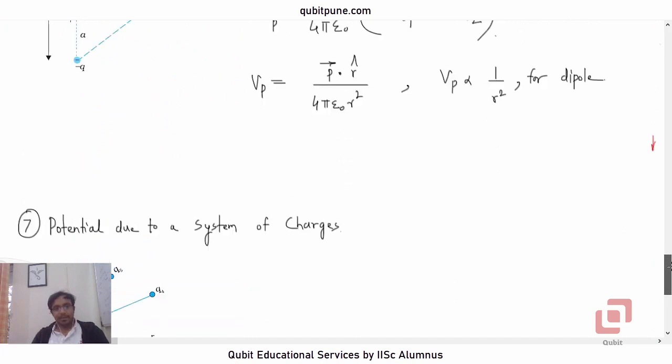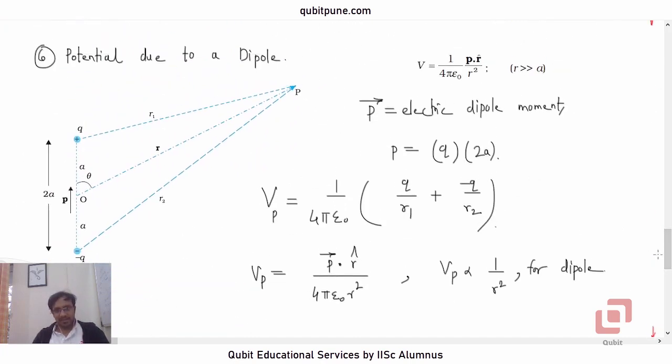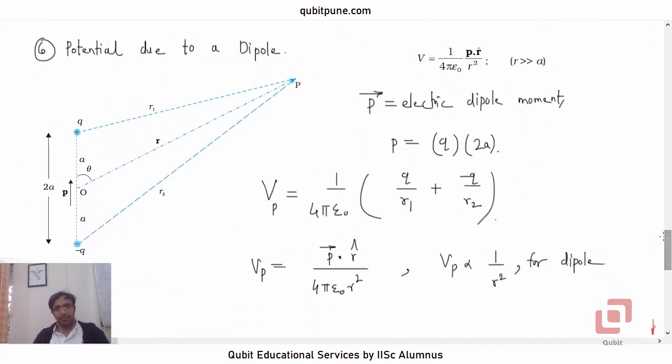Now, extending our discussion on the potential due to a dipole, we choose specific locations. In particular, if I choose the equatorial plane like this, then because r cap here is perpendicular to p bar, the electric potential here will be 0.